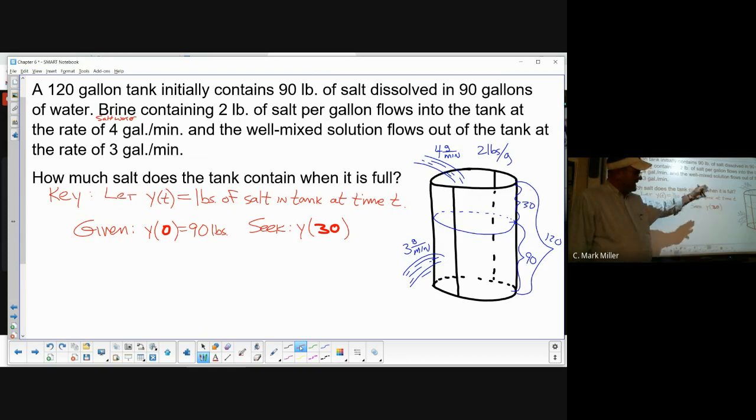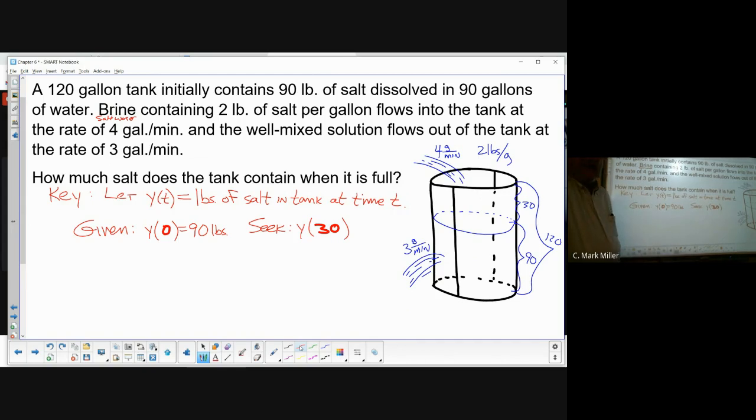This stuff in red is critical. That's why I put it in red. Now, okay, any questions on the setup?